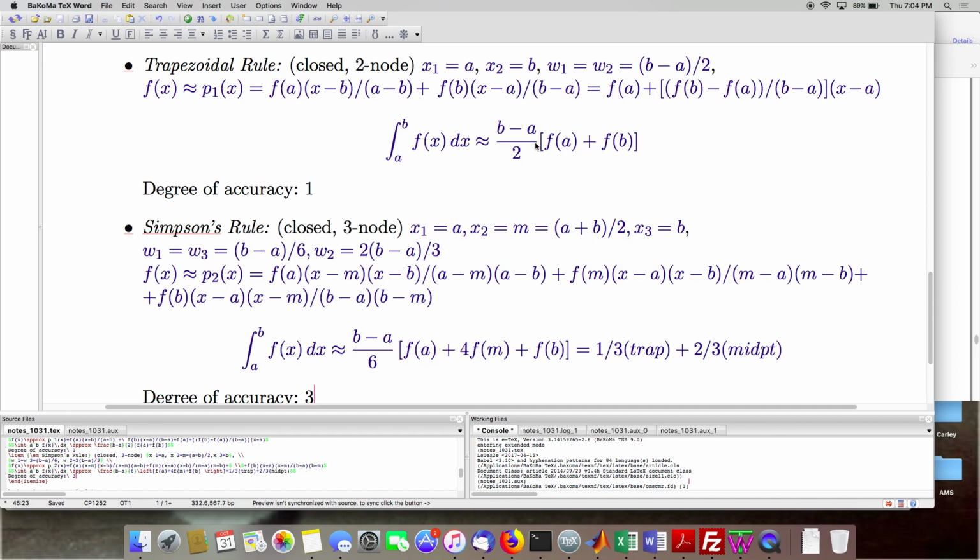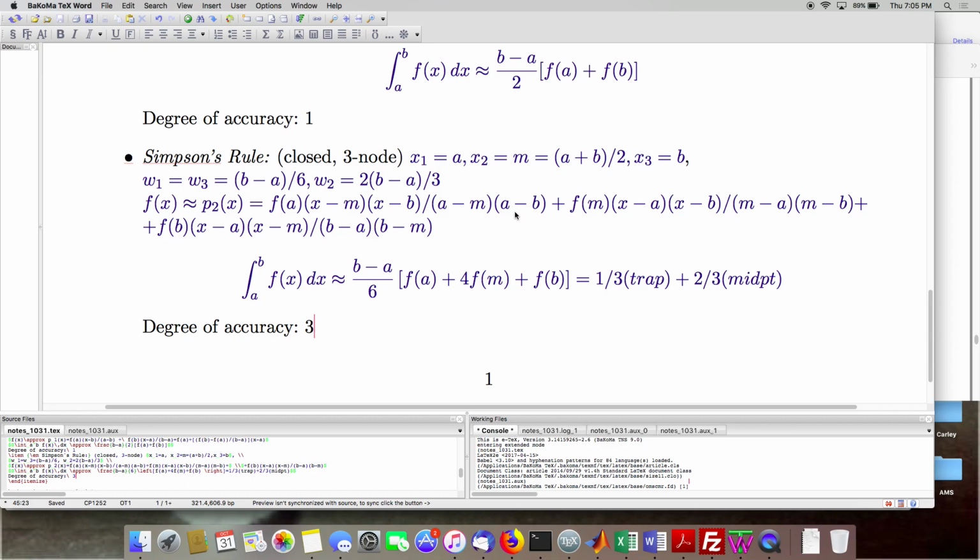When you talk about dividing the subintervals, do you mean you can use the trapezoidal rule for A to M and then from M to B, instead of doing this? Yeah, you can. But in that case the weights would be a little different.